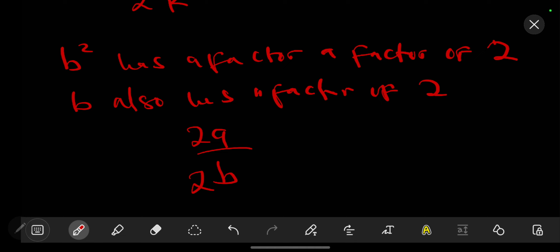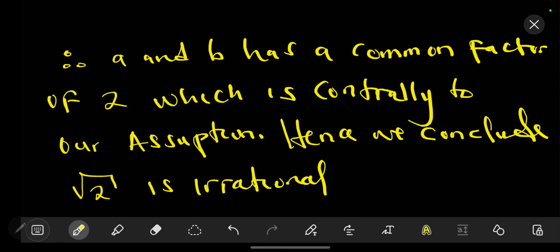So in this case, it's a 2 and a 2. So if they have that number in common, we can conclude, therefore, a and b has a common factor of 2. So 2 is common, which is contrary to our assumption. We said that if it is a rational number, they should not have any common number.